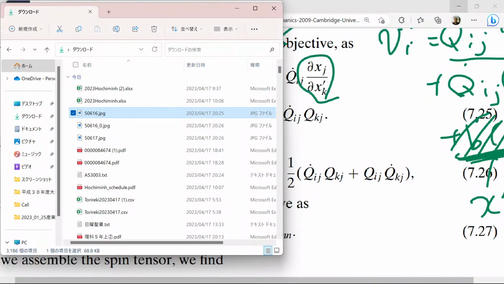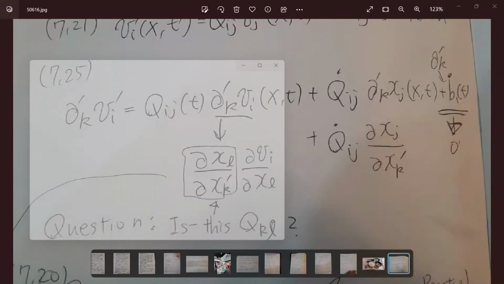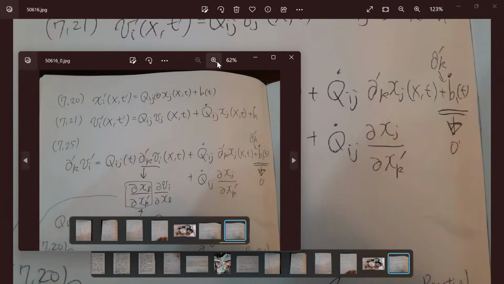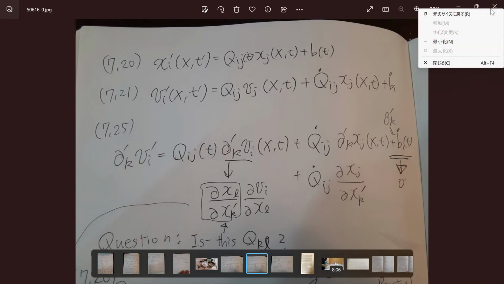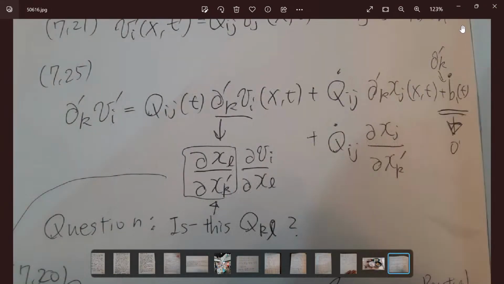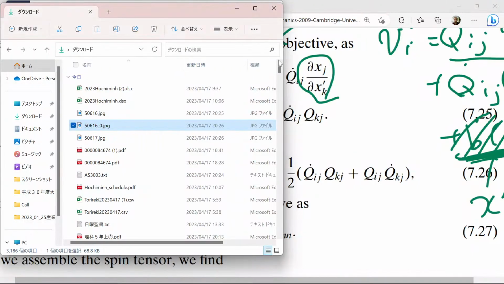Yeah. So then we have the second page. Let me keep this. Second page is like this. Oh my god, this is the same picture. Wow. This is just the same picture. What is this one, maybe?